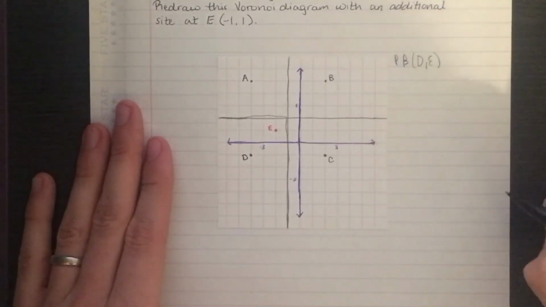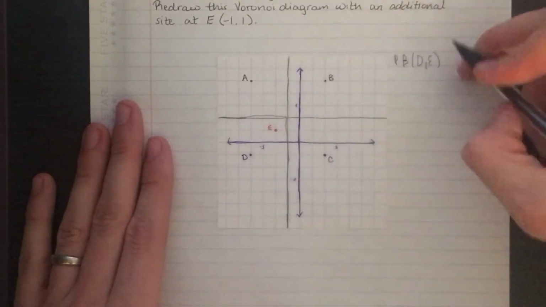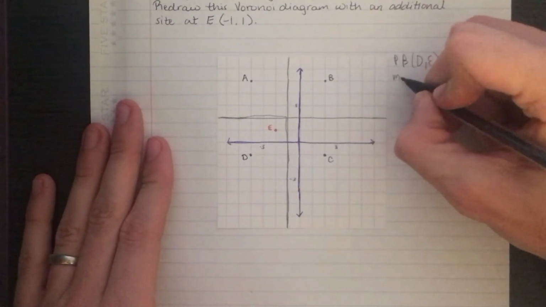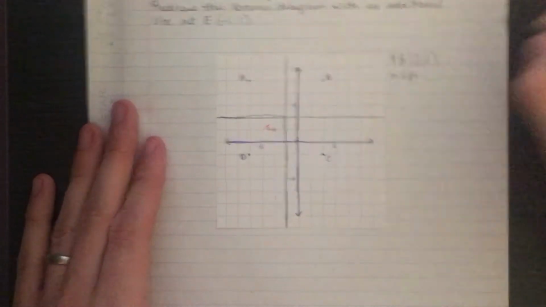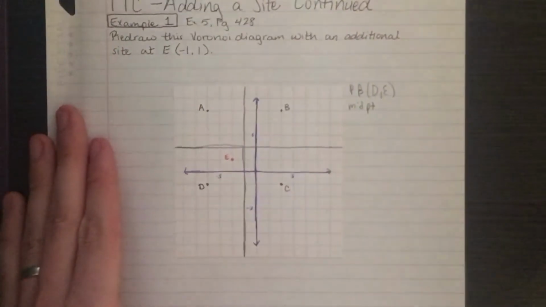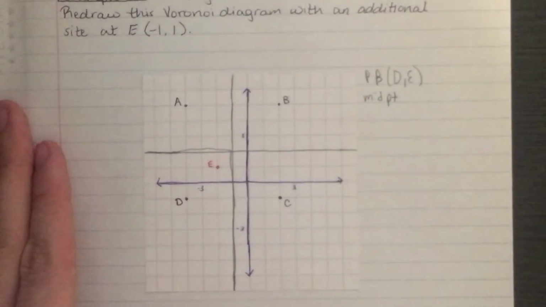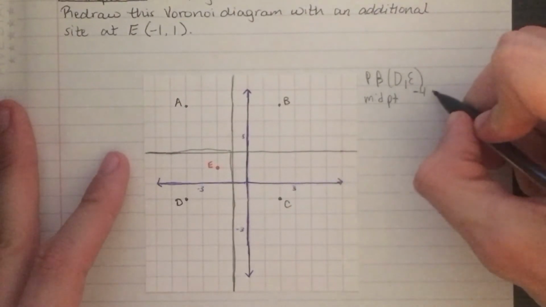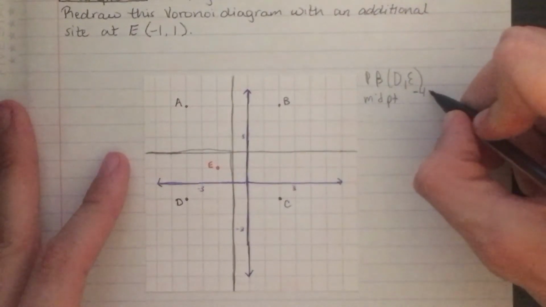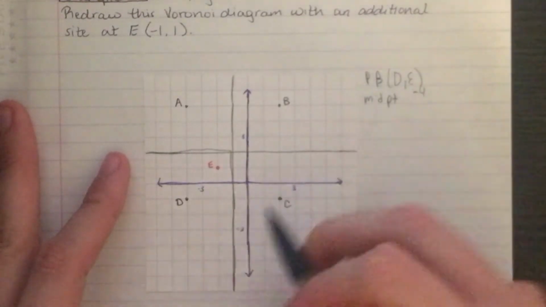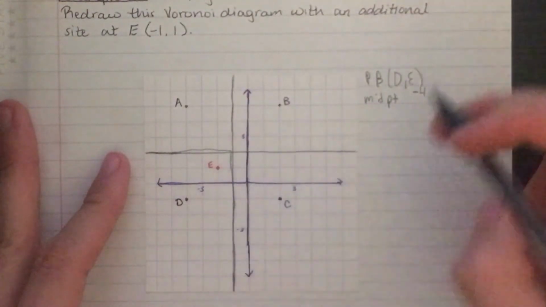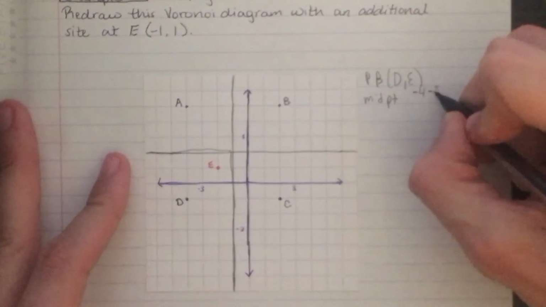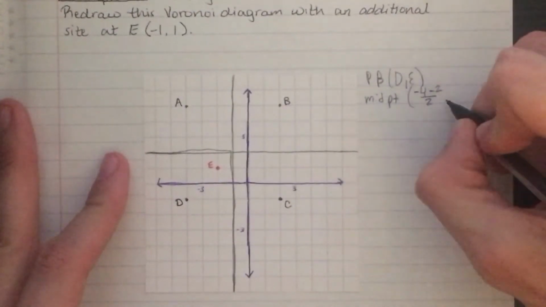So we need the midpoint. I'm going to be tight on room over here for this example, but it'll be all good though. So we're going to do the midpoint. That's going to be -4 plus -2 over 2.